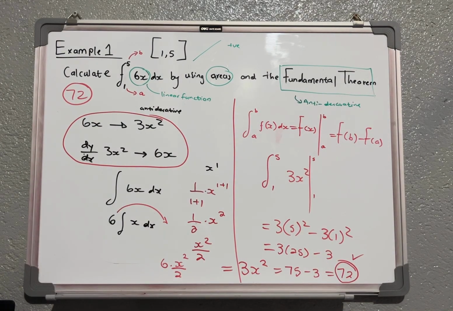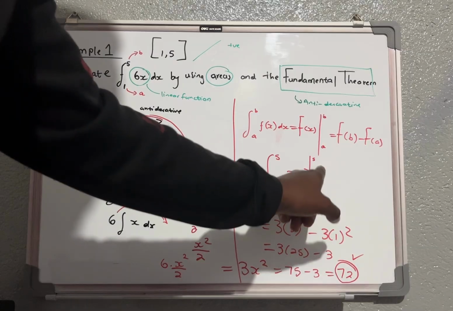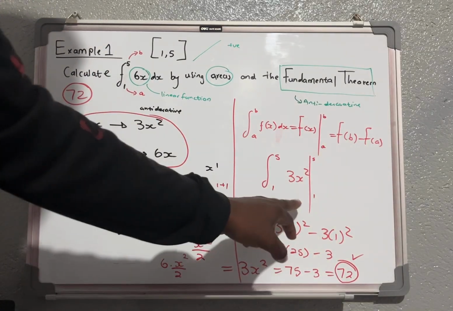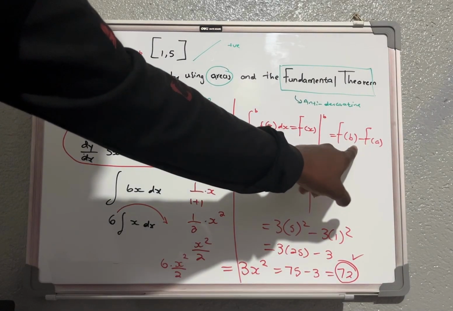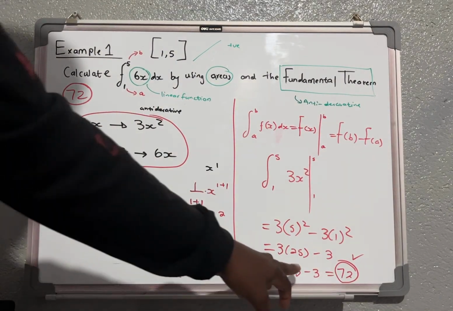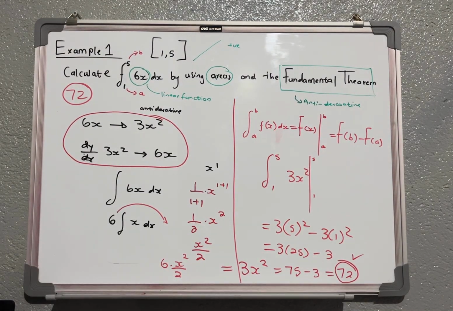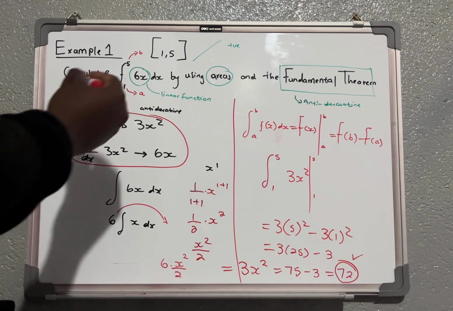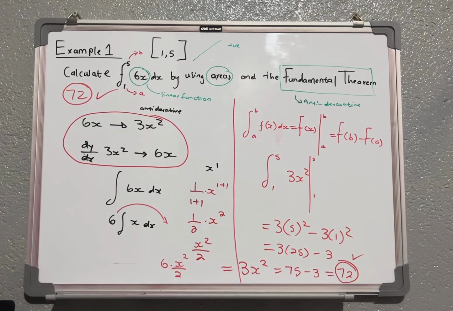Then you will have to work it out between 5 and 1. Remember here, that's how you have to deduct the function of a from the function of b. That's mainly the proper way that we did it. Then we get 72 here, matching the 72. That's it. So it means now we've done our whole calculation properly.